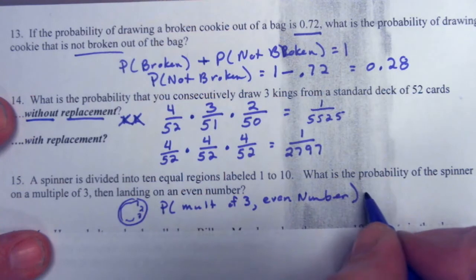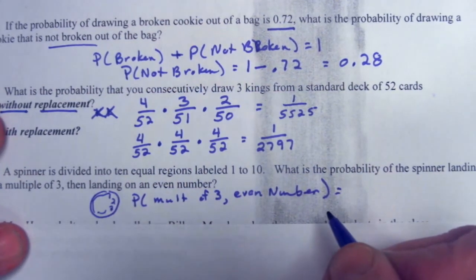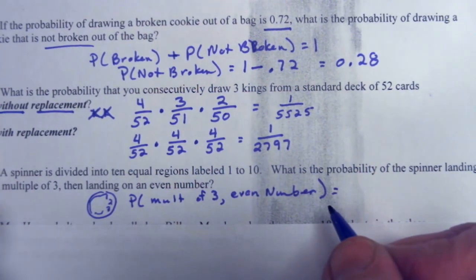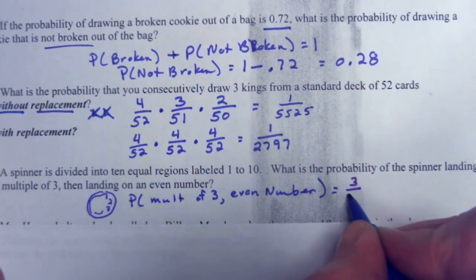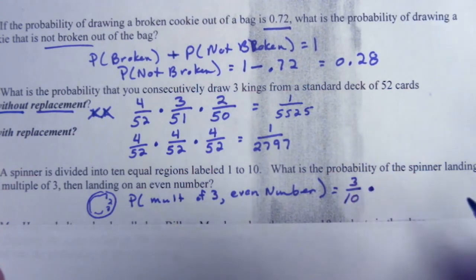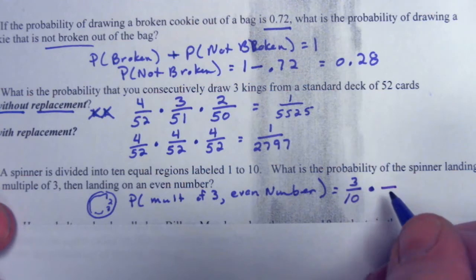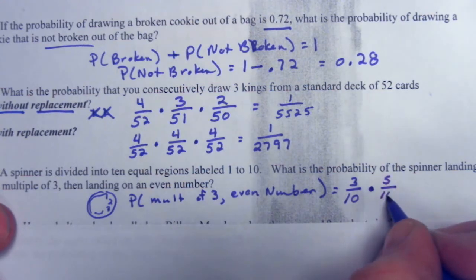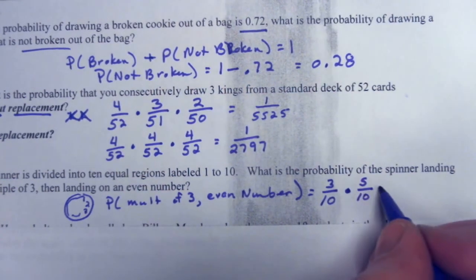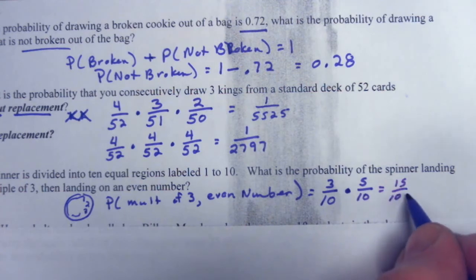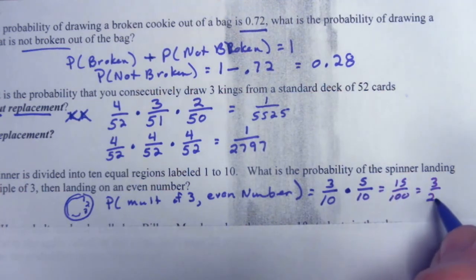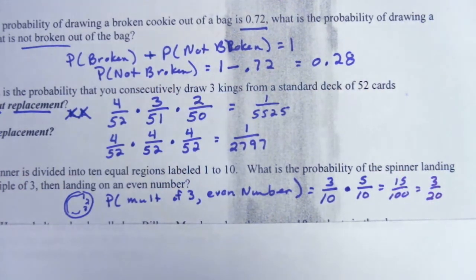So first of all, a multiple of 3 between 1 and 10 is just 3, 6, and 9, so there's 3 multiples of 3 out of the 10 numbers. The second time we spin it, the probability of getting an even number is 5 out of 10. Multiply those together, you get 15 over 100. If you want to reduce it, you get 3 over 20. All right, so that's number 15.